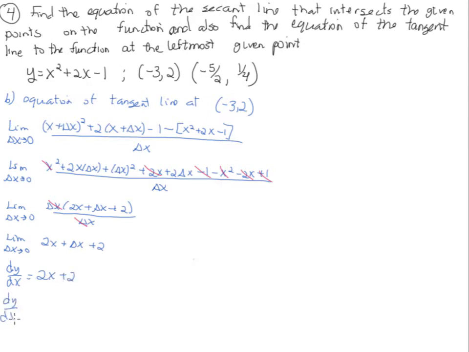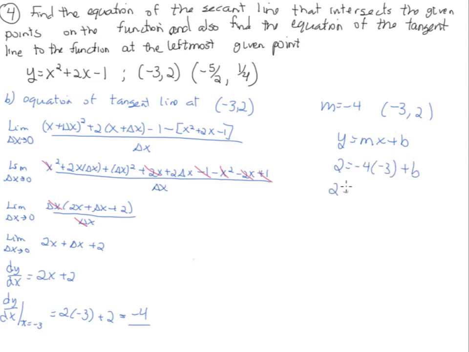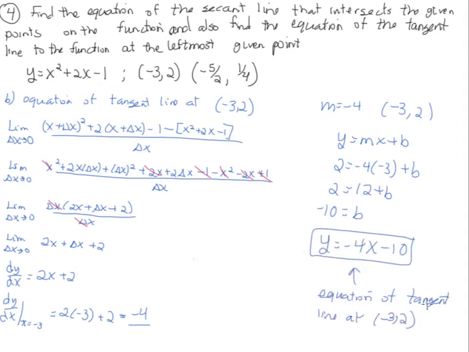If I evaluate this derivative at the x value of our point of interest, which is negative 3, I find that the slope of my tangent line at negative 3, 2 is negative 4. Now that I know the slope of our tangent line and our point of tangency, I'm going to find the equation using y equals mx plus b, replacing y with 2, m with negative 4, x with negative 3, and solving for b. My tangent line is y equals negative 4x minus 10.